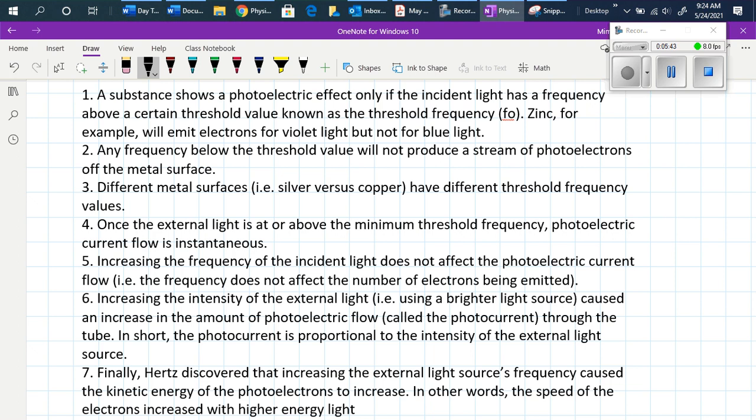Remember what Planck said in the previous video: in order to explain black body radiation, you have to consider light as a bundle of tiny massless particles that carry energy. So no mass, but able to carry energy.